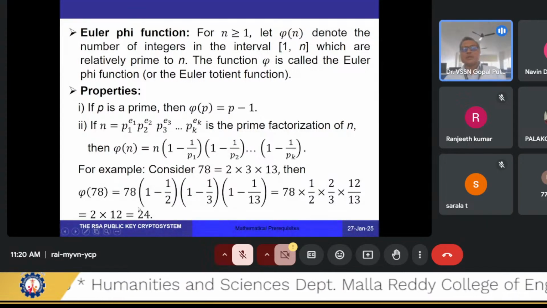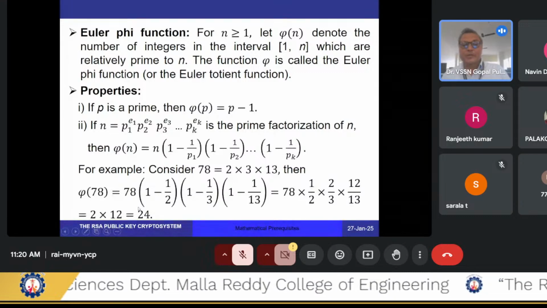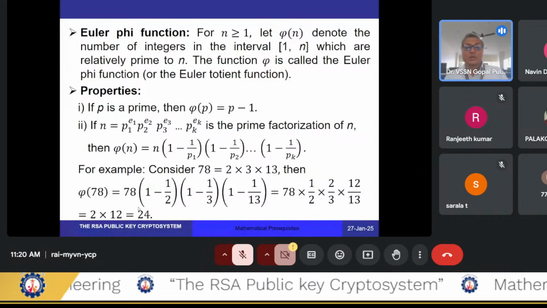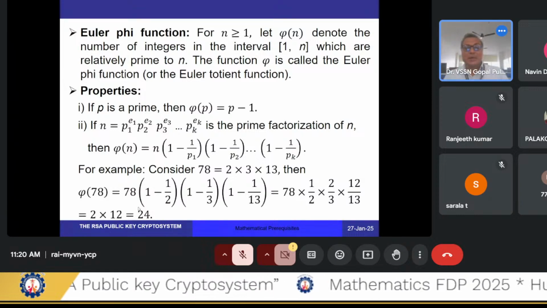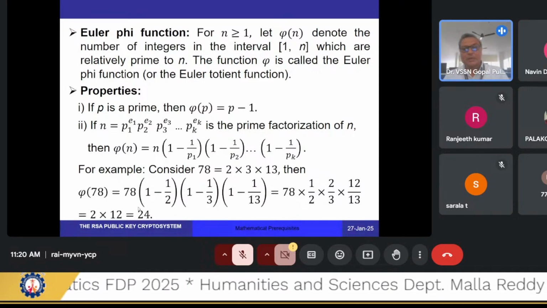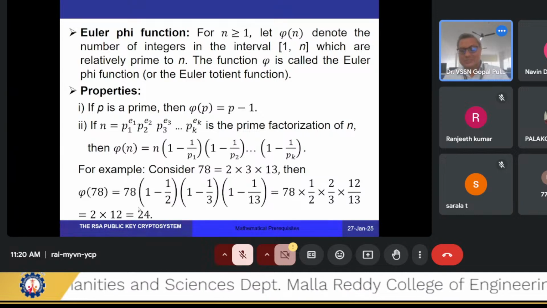What is the meaning? There are a total of 24 positive integers which are lesser than 78, and also they are relatively prime to 78.